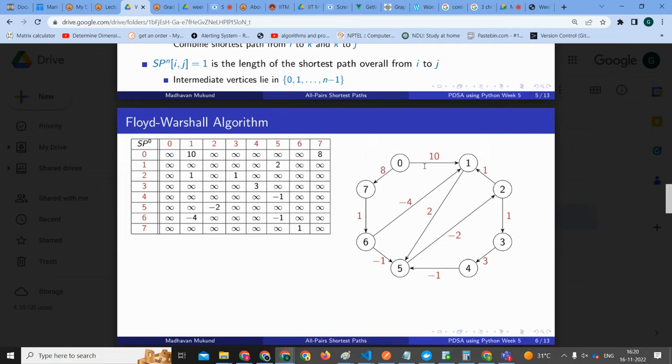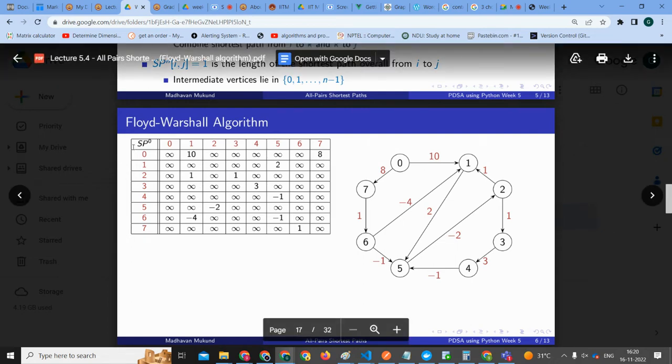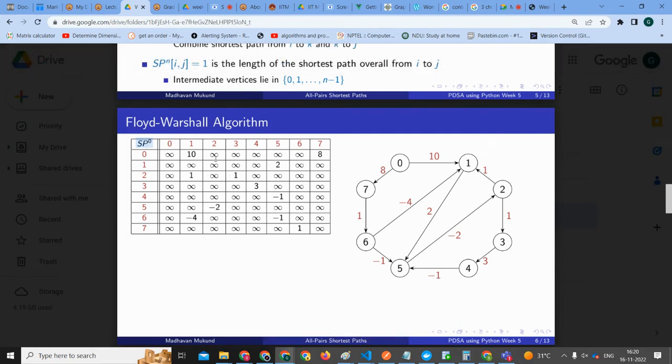It is 10. So during the second iteration, you will look into two paths.